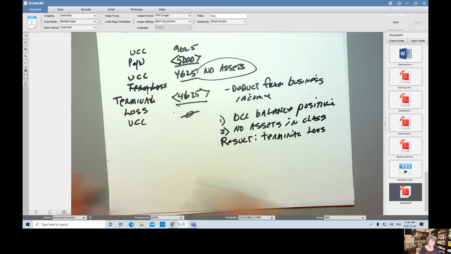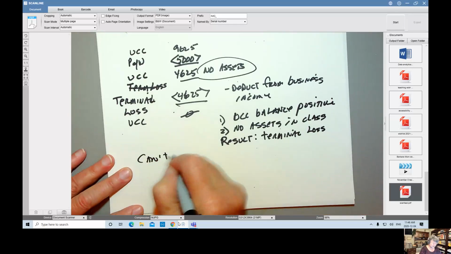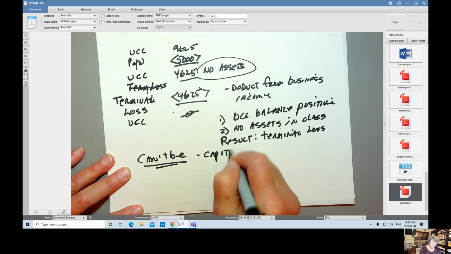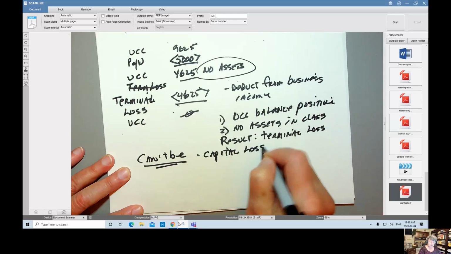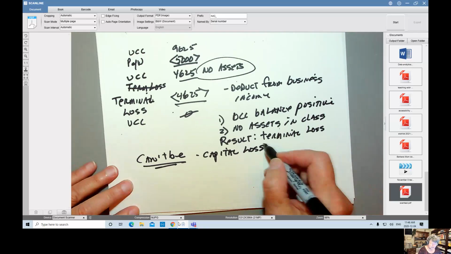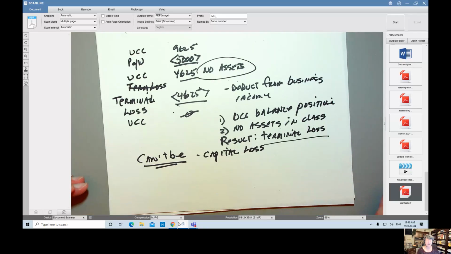Now I want you to notice there can't be a capital loss on this. You can't go negative. In order to have a capital loss, the account would have to go negative. That's not economically possible, so the most you can have is that terminal loss. There can never be a capital loss on a fixed asset.